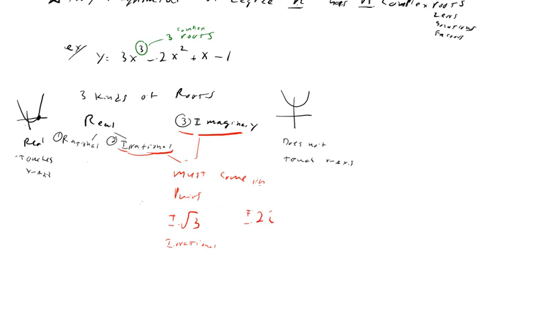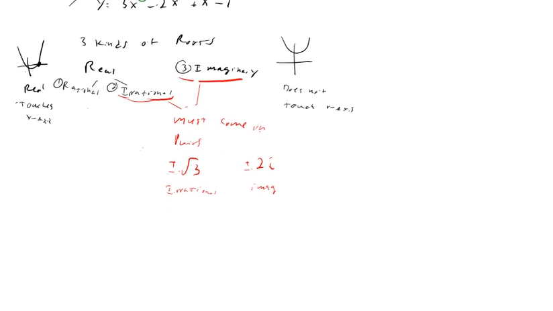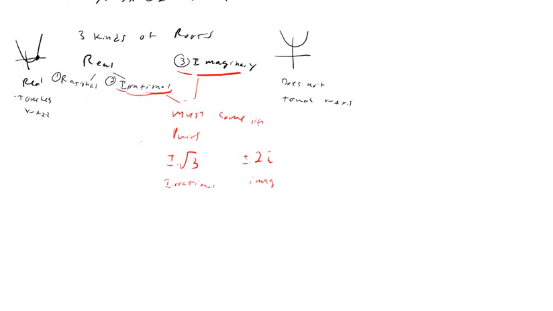We have one positive and one negative. They come in pairs because they have this positive version and this negative version. And the reason why is because of the quadratic formula.